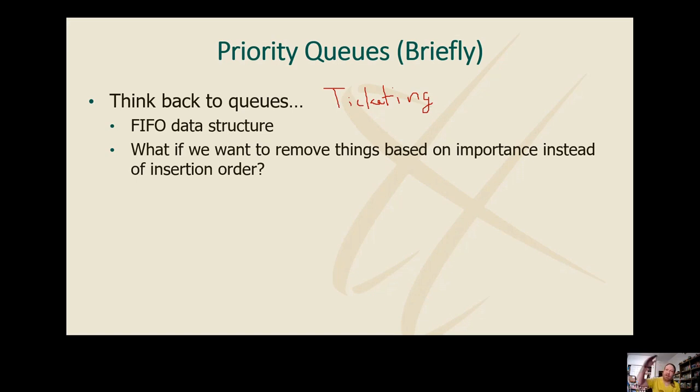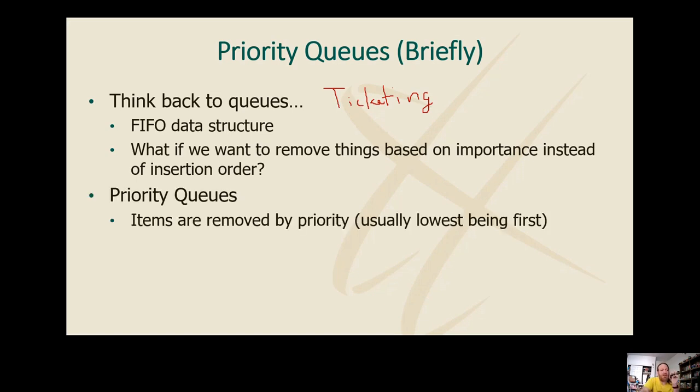And then there tends to be like immediate, high, medium, low, right? Something like that. These are standard ways of saying, hey, I need to put things in the order in which they occur, but I need to take them out in an order based on importance. And this is where priority queues come in. Items are removed based on the priority they have, not by the order that they come in.